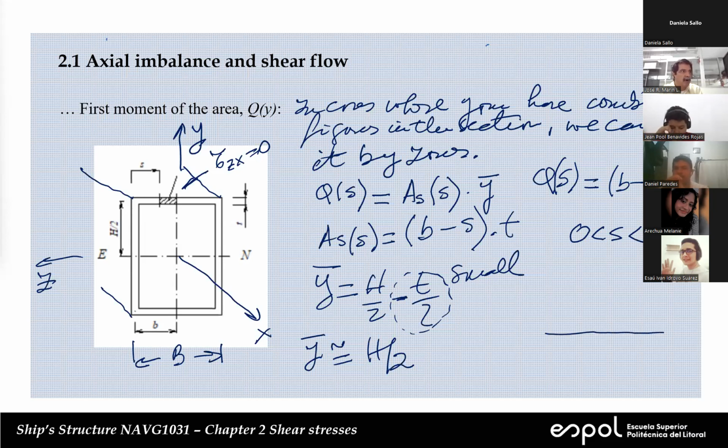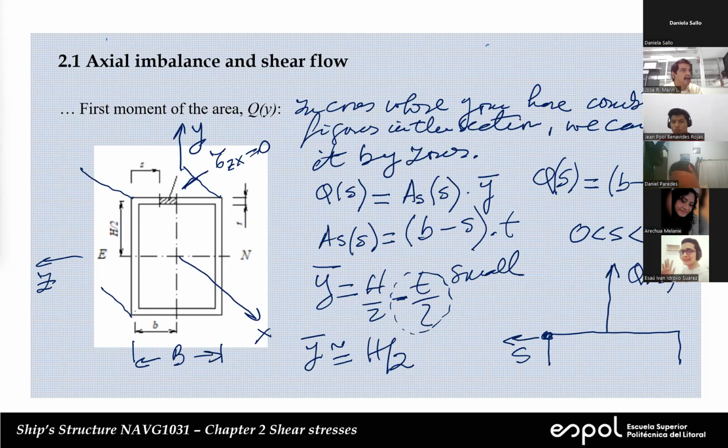So let's draw. This is the upper part of this. In the vertical direction, this is the Q of S, and in this direction, I'm going to include S. When we are in this position, S is 0, right?